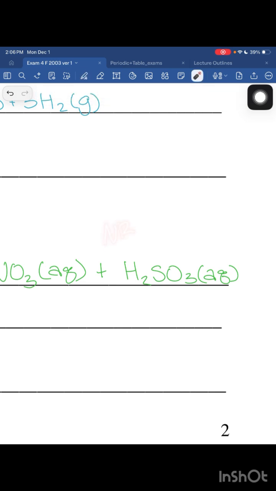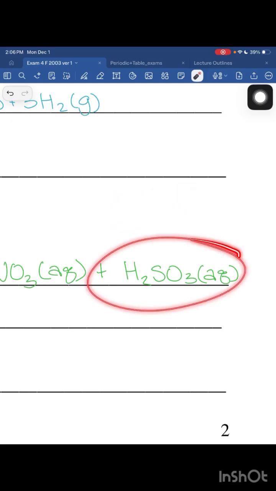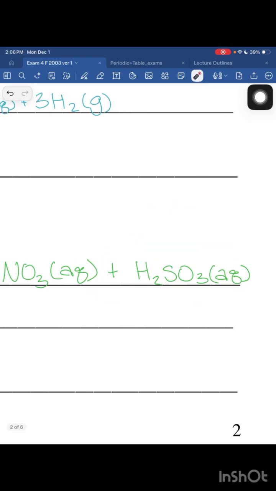But because we have a weak electrolyte, as long as one weak electrolyte or one non-electrolyte is produced, then we have a reaction. This is a weak electrolyte, therefore we have a reaction.